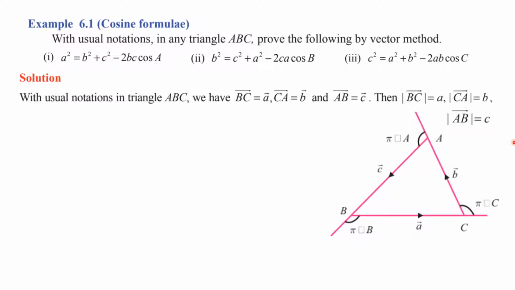Okay, next we can say, using the triangle law of vectors, that BC plus CA plus AB, because they are all sides of a triangle, if we sum them all up, it is 0 vector. So BC plus CA plus AB is equal to 0 vector.